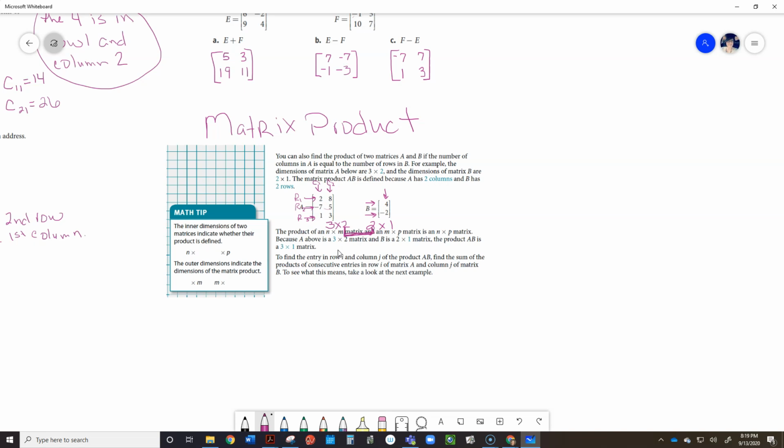So in other words, the rule or the condition for you to be able to find a product is that for one matrix being multiplied by another matrix, this is going to have a number of rows times a number of columns.